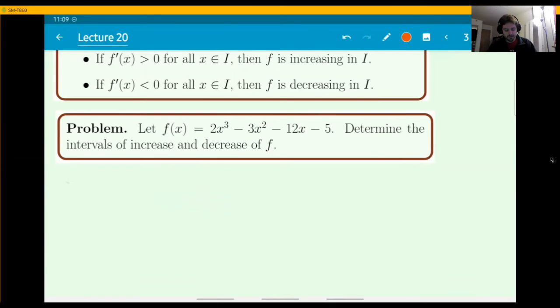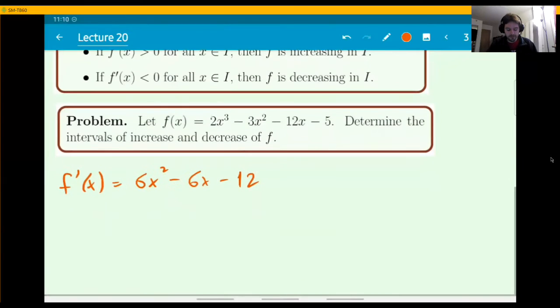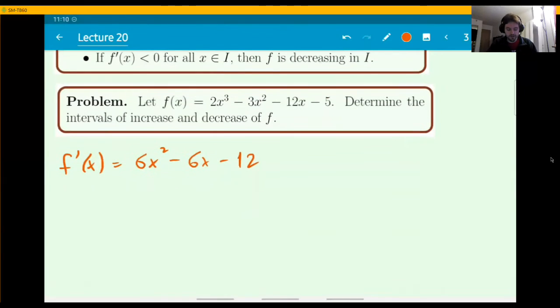So let's see how. Well, take the derivative. That's going to be 6x squared minus 6x minus 12. According to the result up there, we just need to understand where the derivative is positive or negative. And that's going to give us the intervals of increase and decrease. The best way to do this is, first of all, find the places where it is 0.